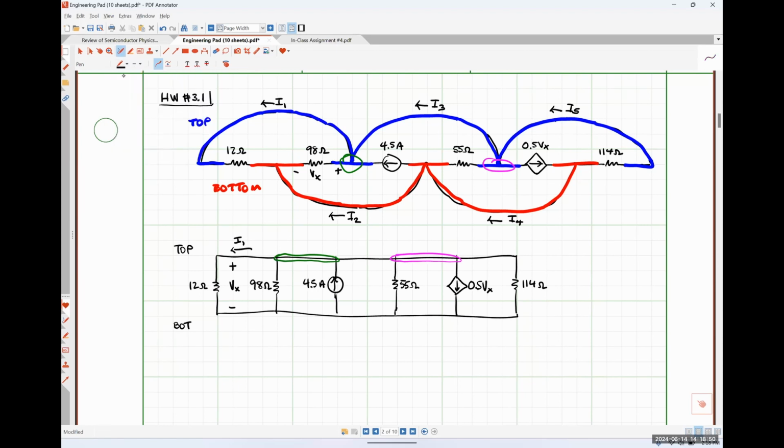So I'm going to call this current right here I3. The current I5 is flowing from the bottom node to the top node through the 114 ohm resistor. So I'm going to draw it right here.